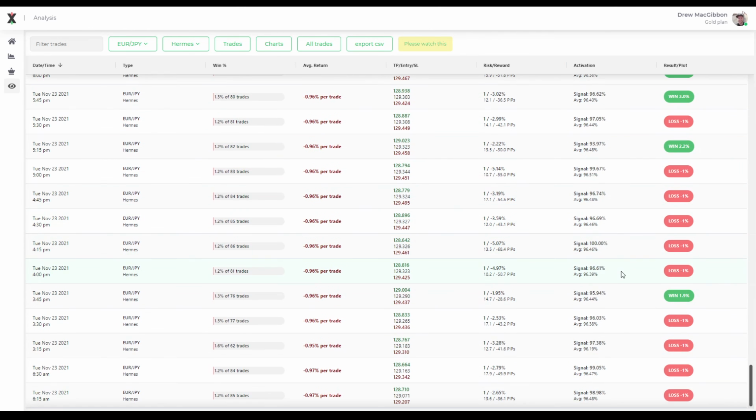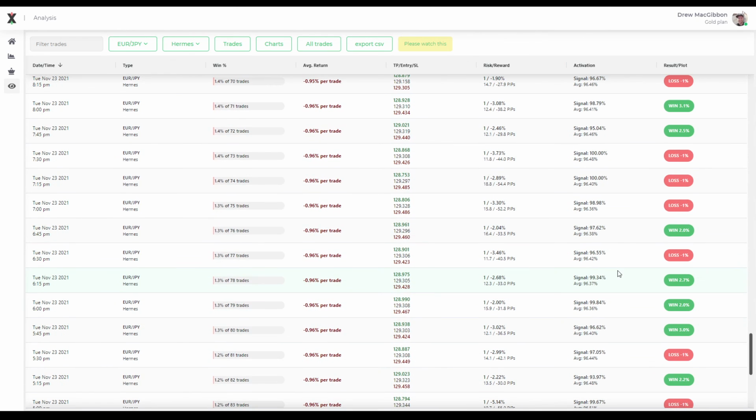Through the process of trade selection, as well as having a risk to reward ratio that's in your favor, you can turn a strategy with a less than 50% accuracy into a very profitable trading strategy, right?